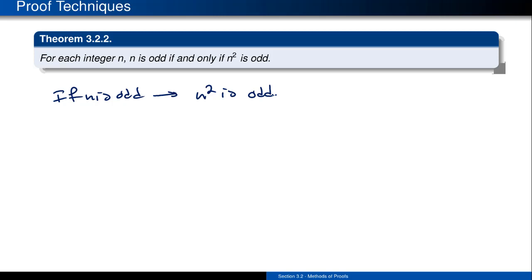That was the original result that we looked at way back when we were first starting to chat about how to formulate some of these proofs. Well, now we just did show that if n squared is odd, then n is odd. So in this case, I have both the forward and reverse direction of this statement holding true.